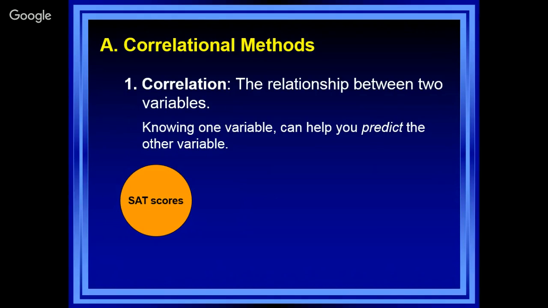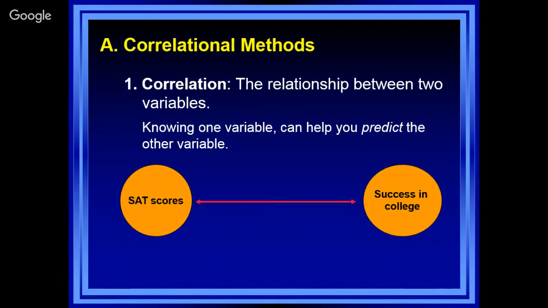So the relationship between two variables is a co-relation, or as we pronounce it, correlation. So correlation is just simply whether two variables have a relationship. And to say that they have a relationship, what that means is if I know something about one variable, that can help me predict something about the other variable. Knowing something about one, I can then predict the other.